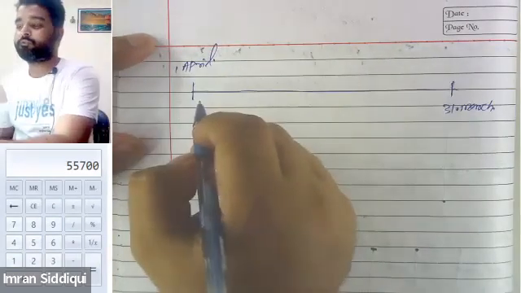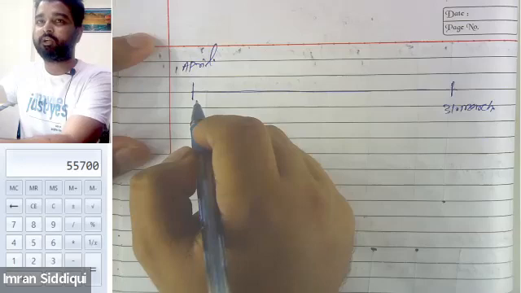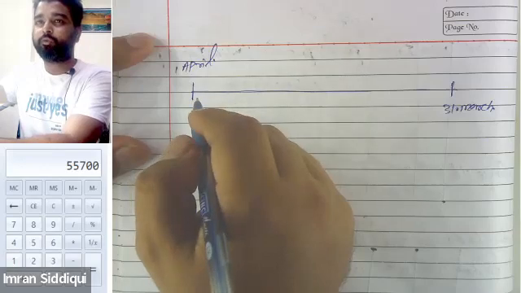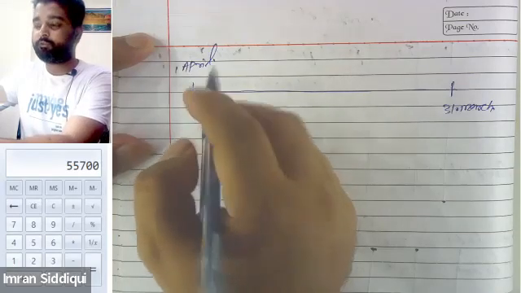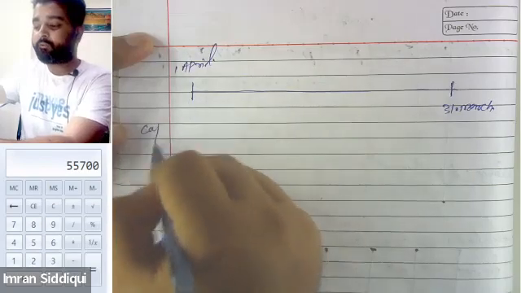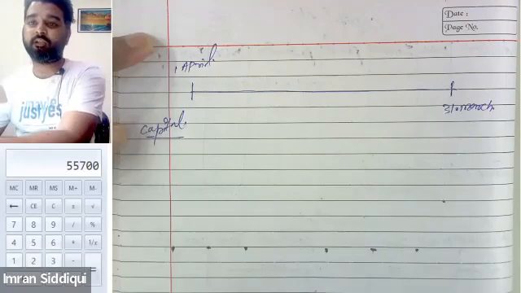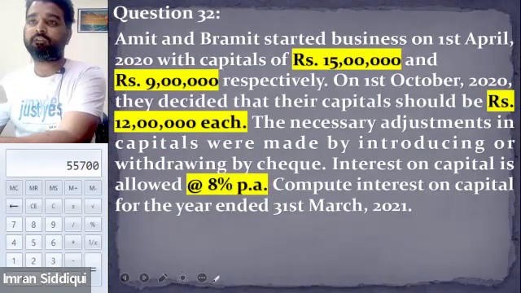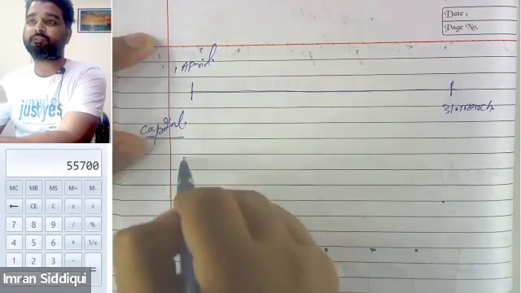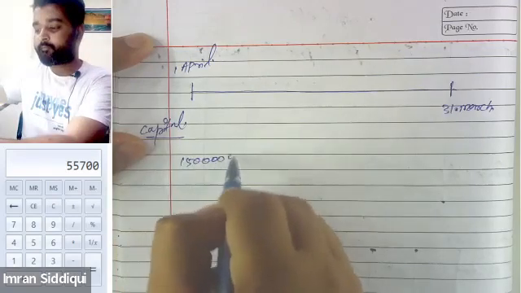When the year started, both the partners had contributed capital of how much? 15 lakh and 9 lakh, right? Their capital balances were 15 lakh and 9 lakh at the beginning of the year.